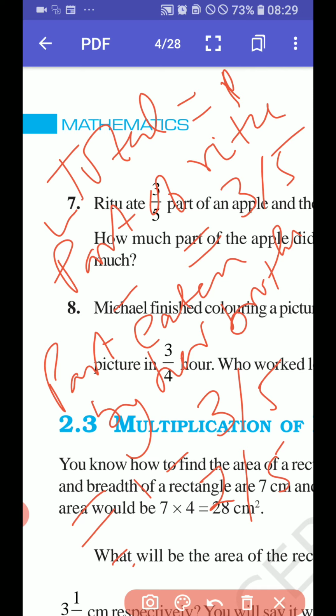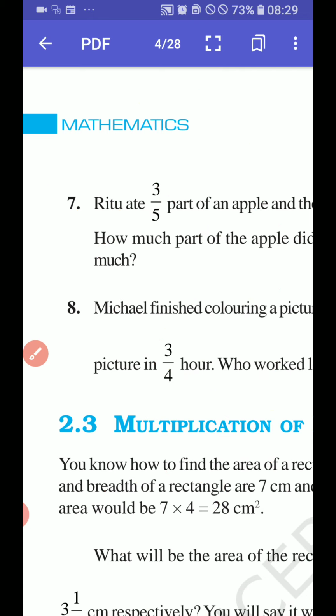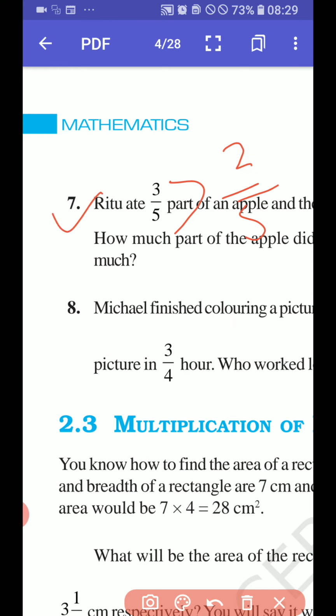So the share of Ritu, 3 by 5, is more than 2 by 5, her brother's.